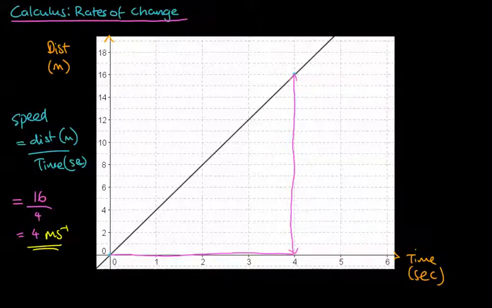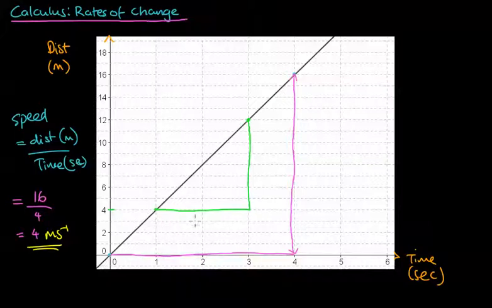That means if we take another 2 points, let's see if we can find two nice points. Let's pick this point here and this point here. At 1 second the object is 4 meters away, and at 3 seconds the object is 12 meters away. If we join these two up, we make a nice little triangle here. What distance has he travelled in this length of time?